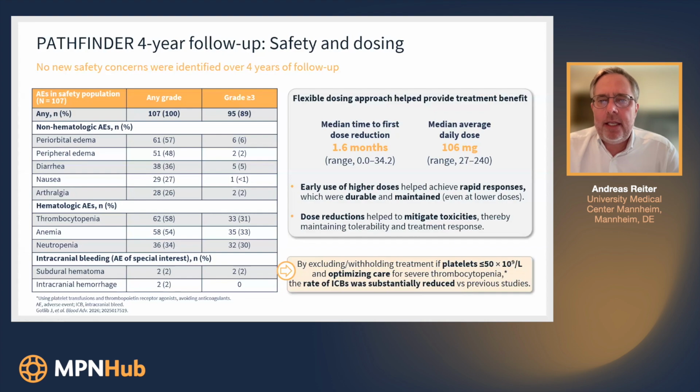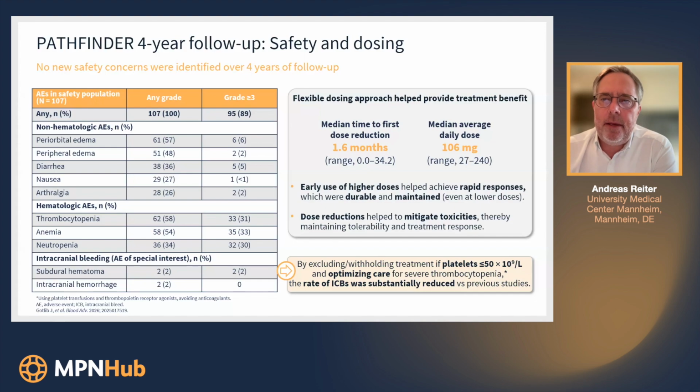And then the rate of the intracranial bleedings, which we saw in Explorer, were substantially reduced in other studies. So overall, edema and sometimes memory effects also manageable by dose modification, and the hematologic side effects. And so the starting dose is usually 200 milligrams, and because of the side effects and according to response, we may reduce the dose over time.